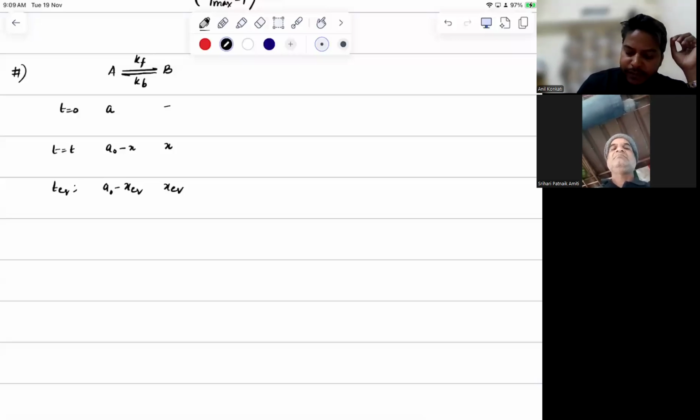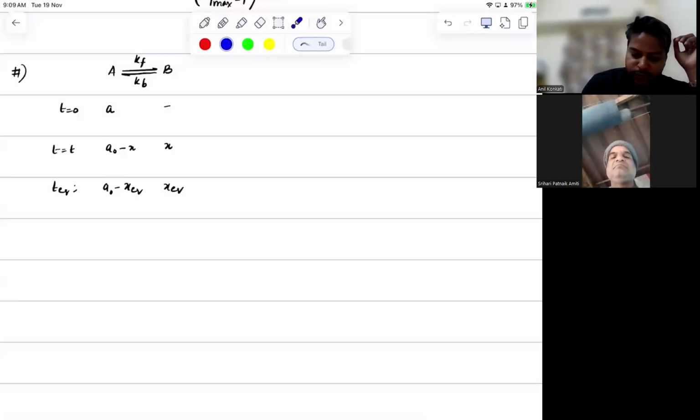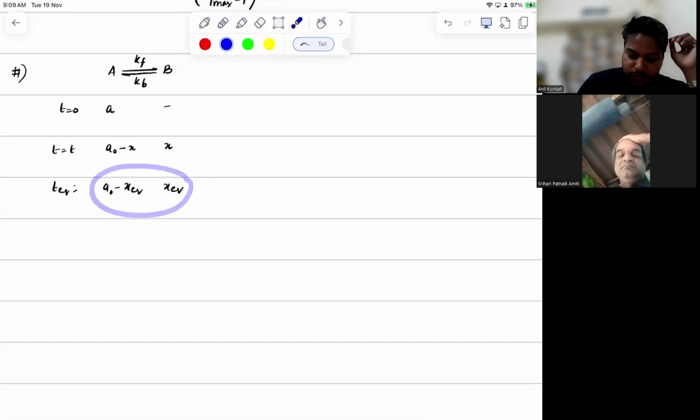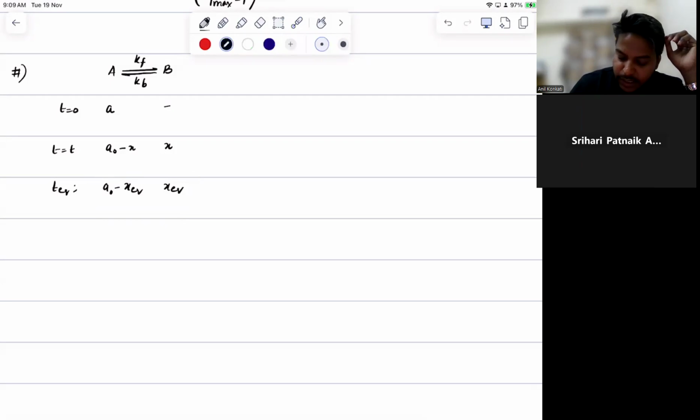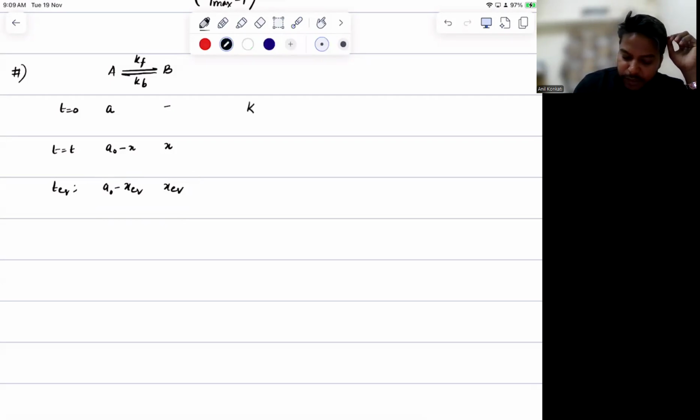Now, if you derive this equation in terms of k, what we get here is k forward plus k backward into t will be equal to ln x eq by x eq minus x.